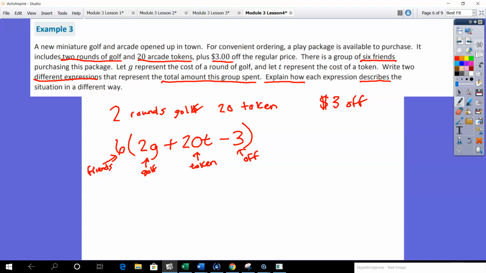Right? But I could look at it another way. I could say, okay, so in total, they're going to have 12 rounds of golf total by everybody.